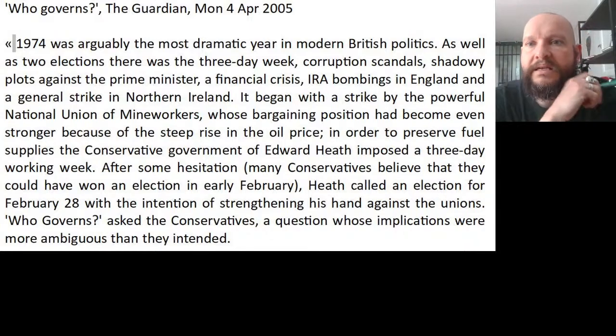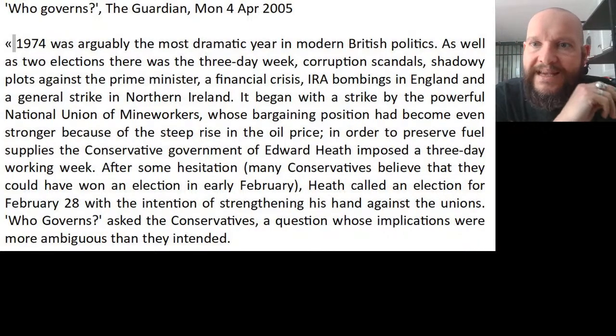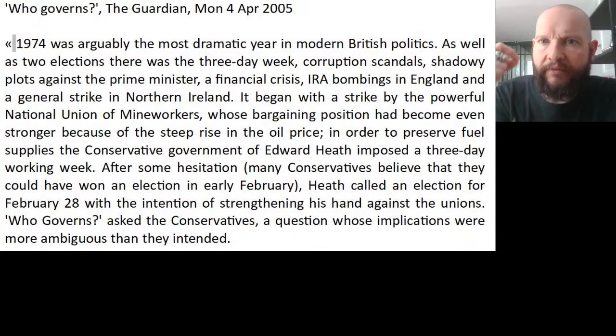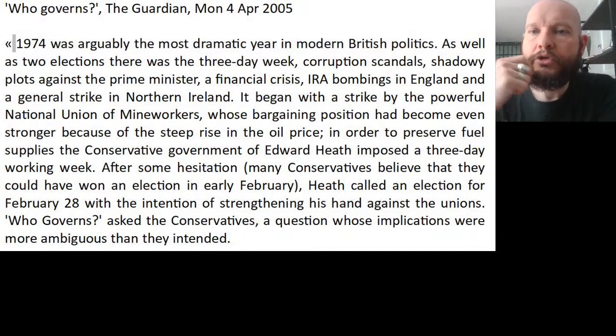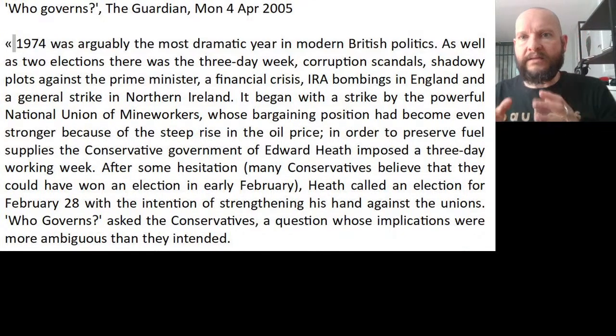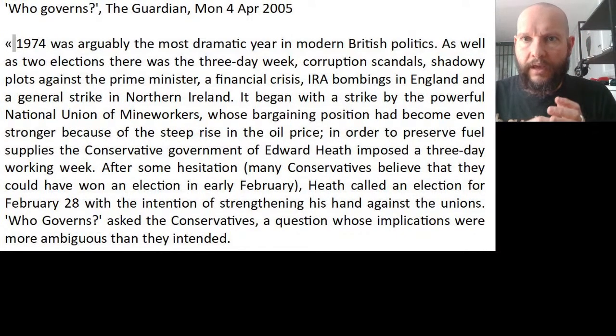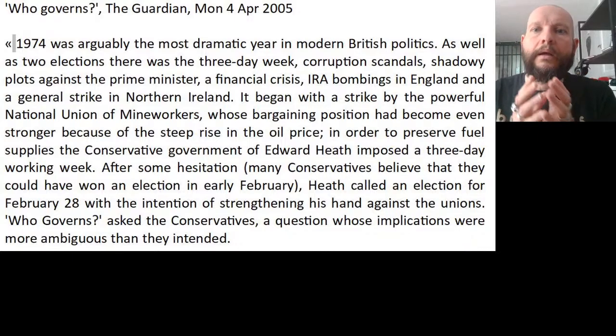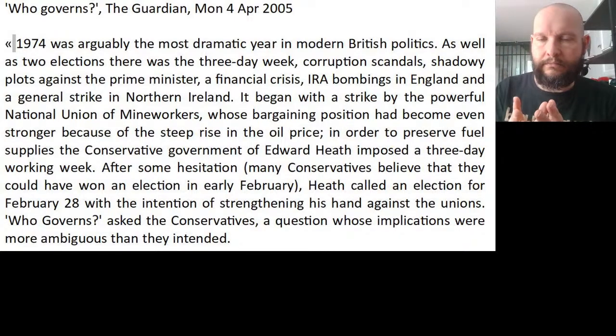And this is why Edward Heath, a Conservative Prime Minister, wanted to hold an election, because he said, who governs Britain? The government of Britain should be in the hands of the head of the government and the head of the parliament.